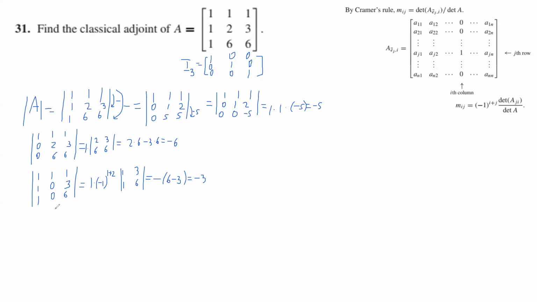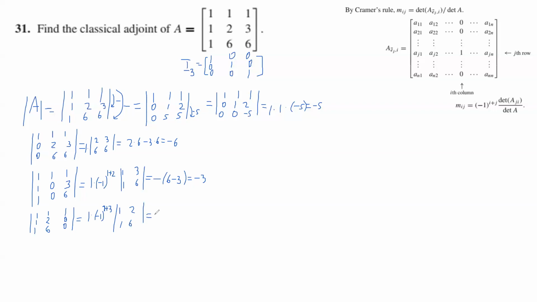Now I substitute our 1, 0, 0 instead of the third column. So it will be 1 times minus 1 to the power of the first row and the third column, times 1, 2, 1, 6.